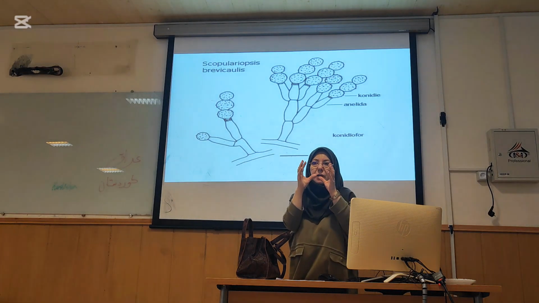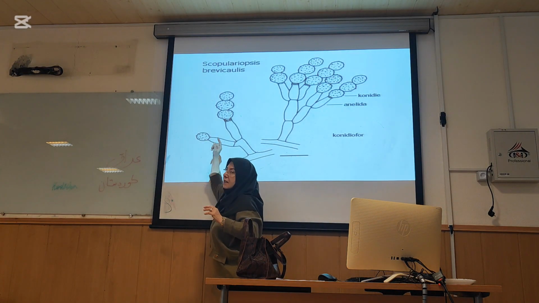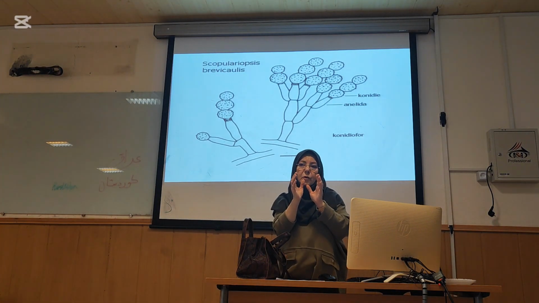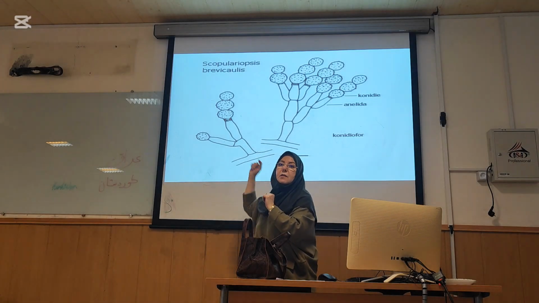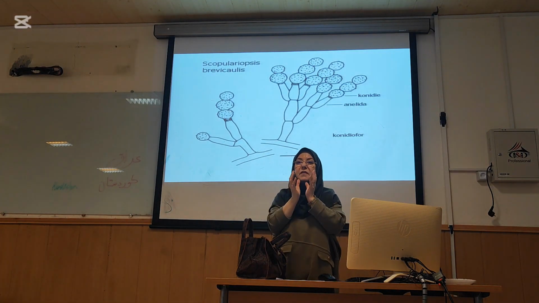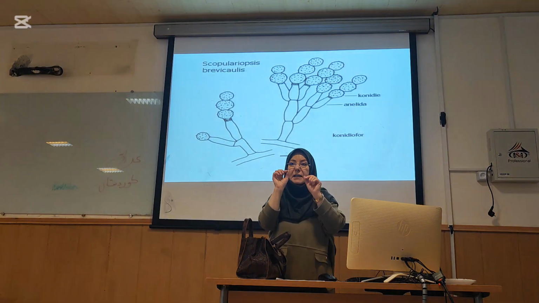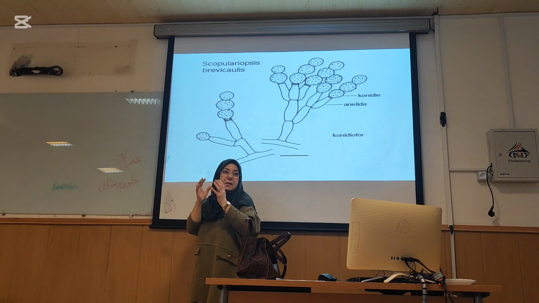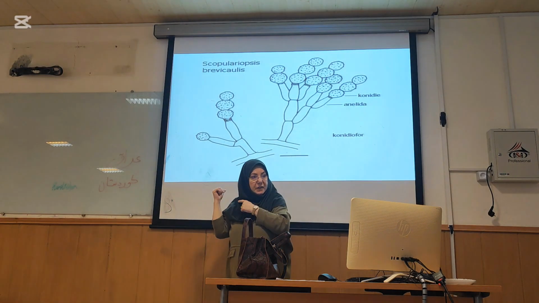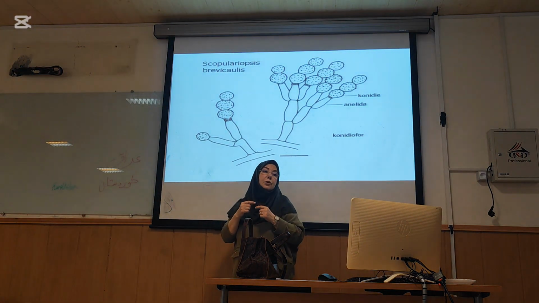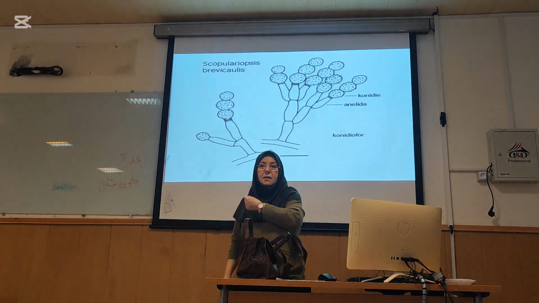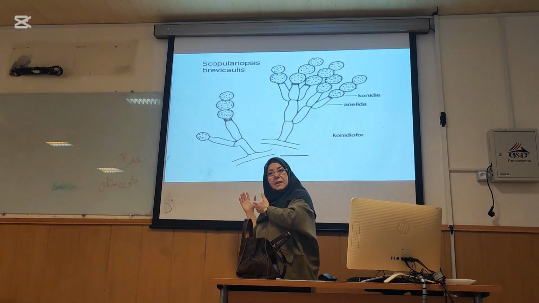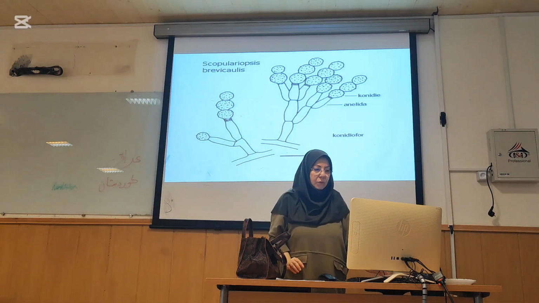If you see just one conidium of this fungus under the microscope, you should identify this as Scopulariopsis. Why? Because this is a very large conidium, lemon-shaped and spiky. Lemon-shaped and very big. So if you see just one conidium of this fungus under the microscope, you should identify that this fungus is Scopulariopsis. And with three branches, it's very similar to Penicillium and very similar to a broom.